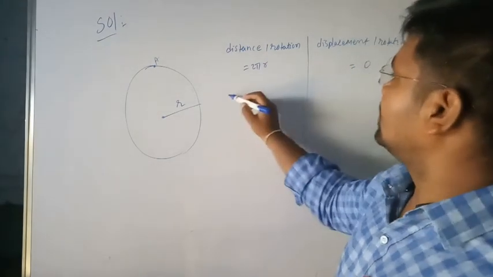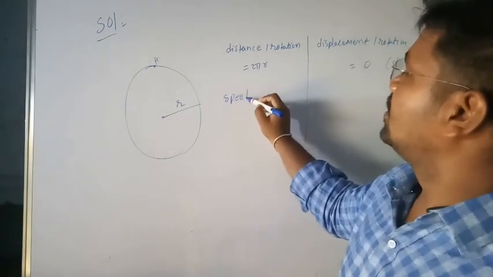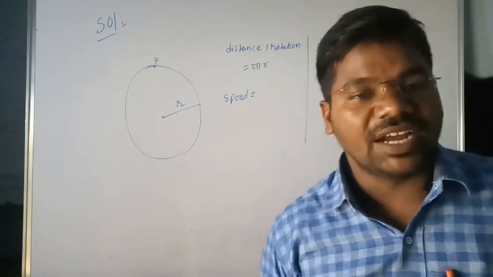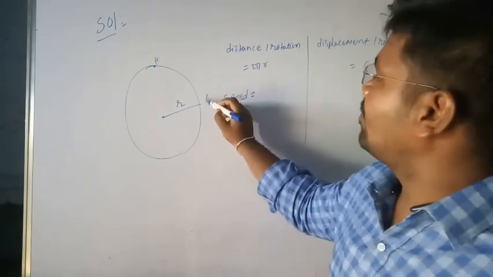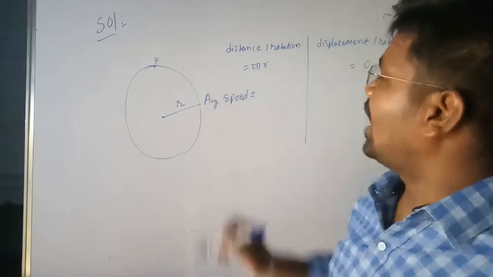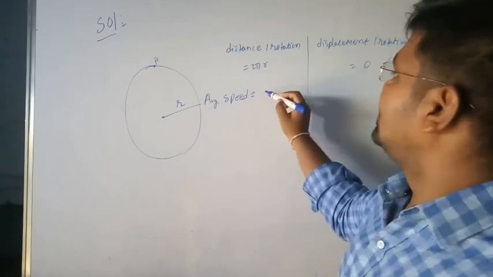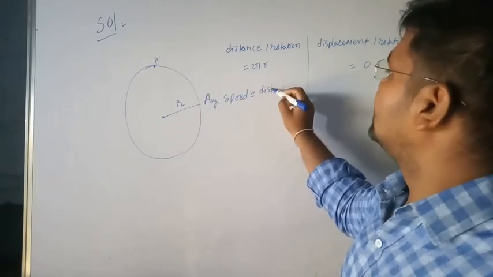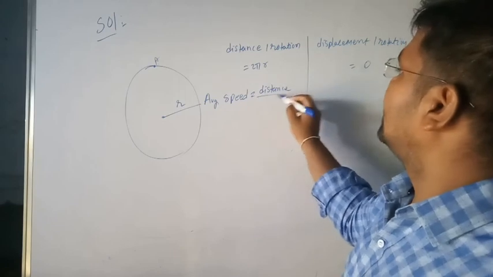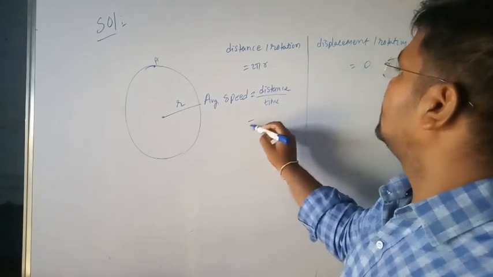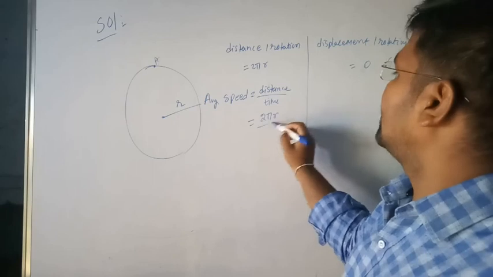Okay, how can we find average speed? Average speed means distance by time. Distance by time means 2 pi r divided by t.